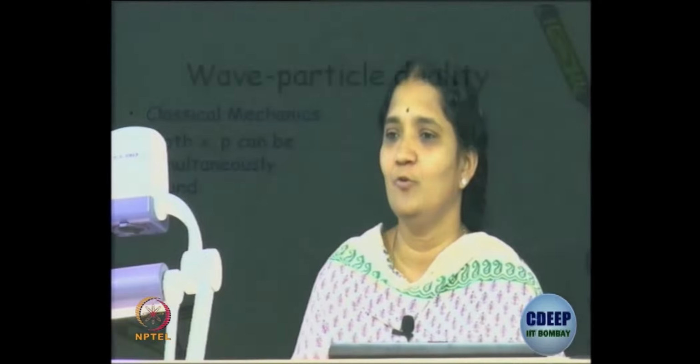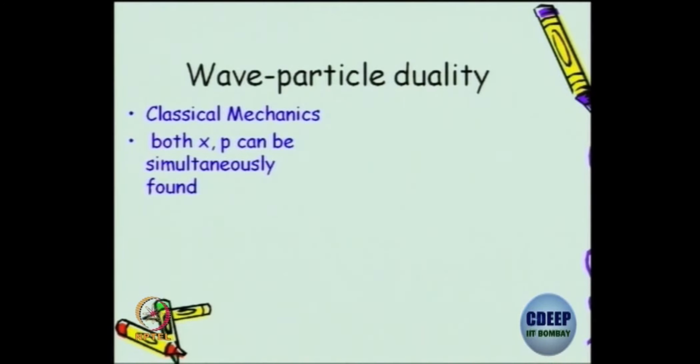So I am slowly taking you from classical mechanics. When you do Newton's law, you don't worry about it, you can have simultaneous values for position as well as momentum, right? You do write the first equation or the second equation, S equal to ut plus half gt squared, or half at squared, you know both the position as well as the momentum.